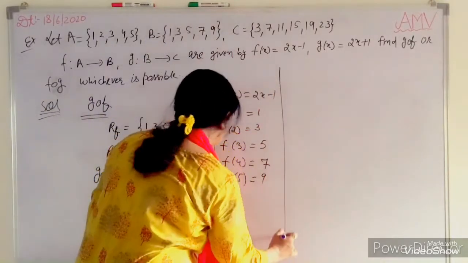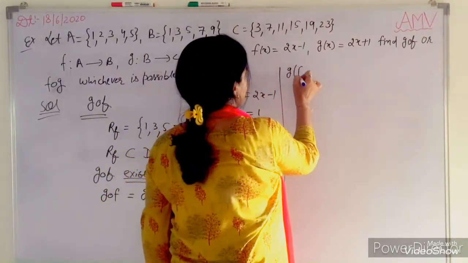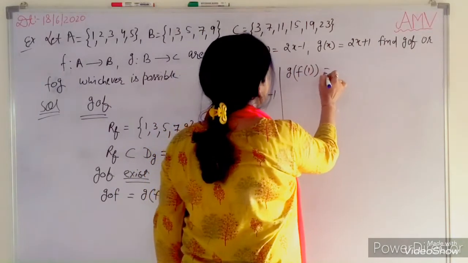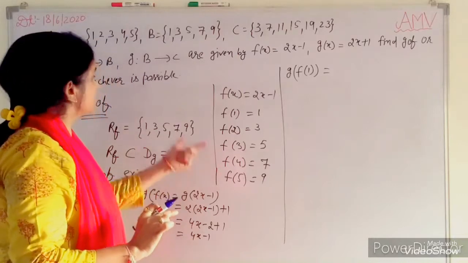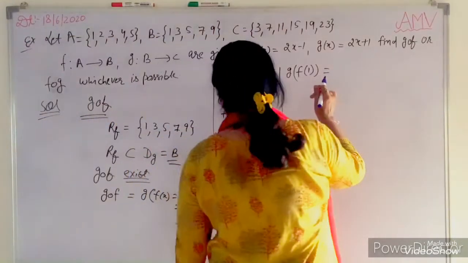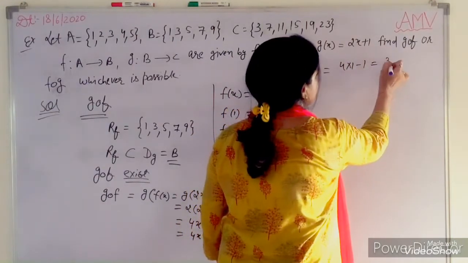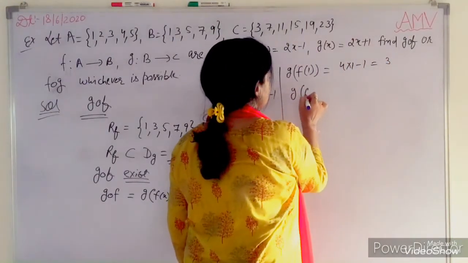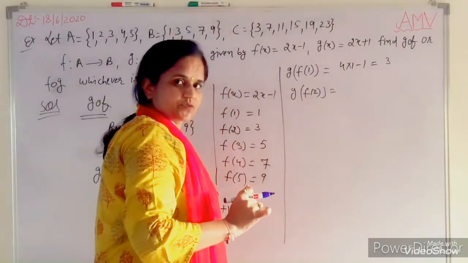Now for g(f(1)), from here I am taking the values. g(f(1)) is 4 into 1 minus 1, it's 3. And now g(f(2)), substitute the value of x here, student.